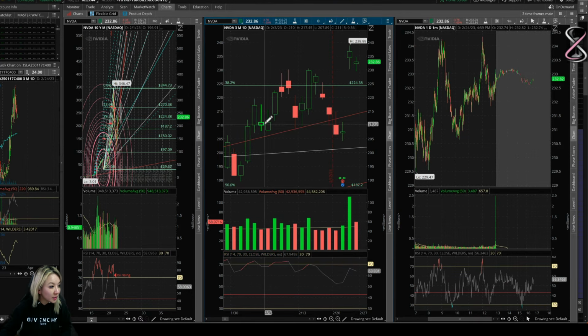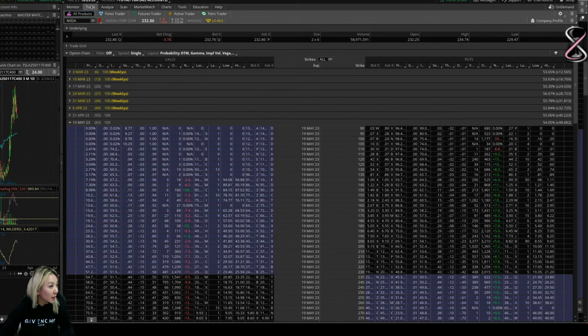So it's about 211, right around here. And we're thinking, hey, it's going to go to 225 to 230. I kept saying it's going to go to 225, 230.